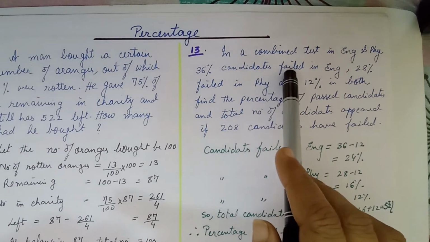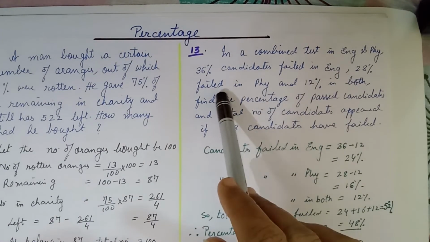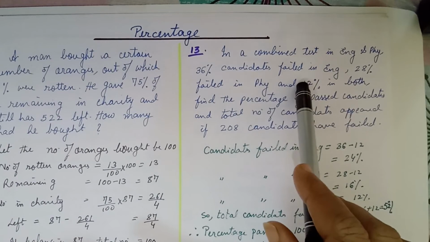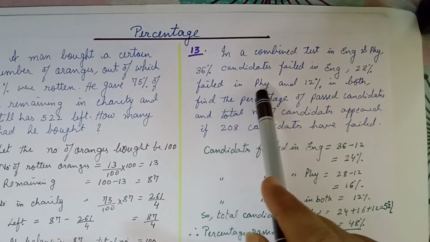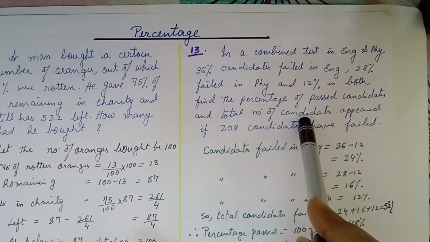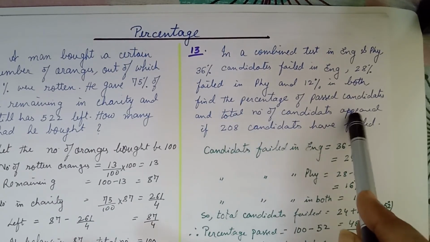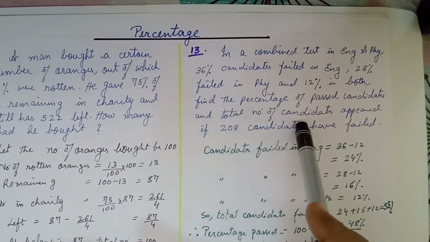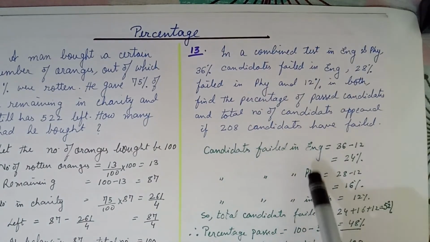Right. In a combined test in English and physics, 36% candidates failed in English and 28% failed in physics and 12% in both. Find the percentage of passed candidates and the total number of candidates who appeared if 208 candidates have failed.